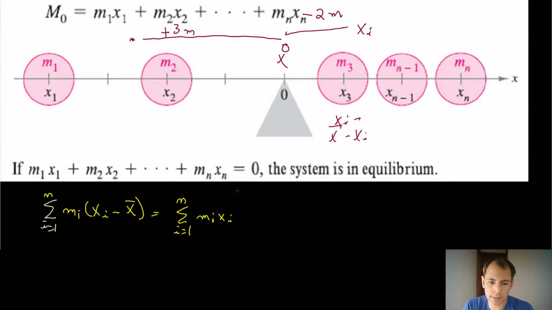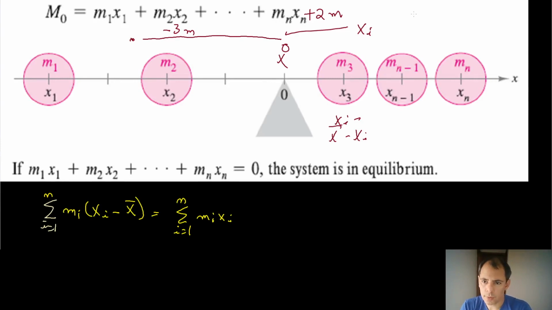I don't know why it does this, but let's just go with it. Because you see, when xi minus x bar, let's say that x bar is right here and it's 0. Oh, no, hold on. It's right. This is positive and this is negative.